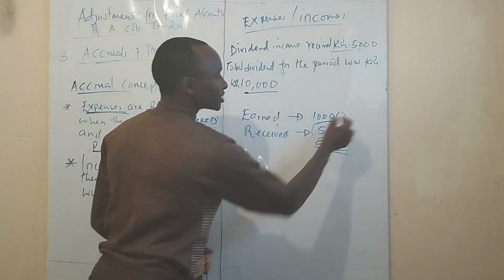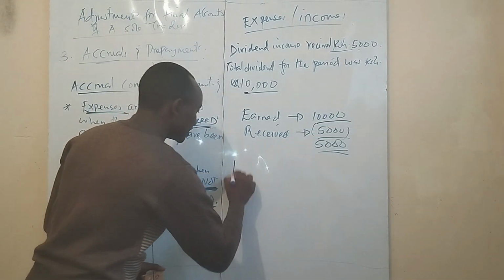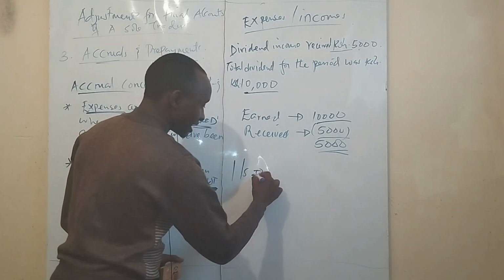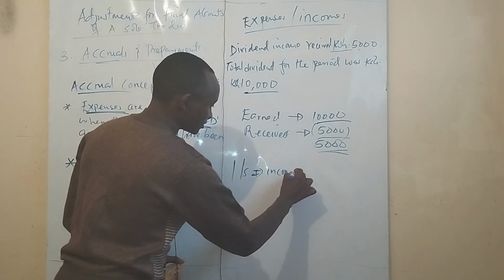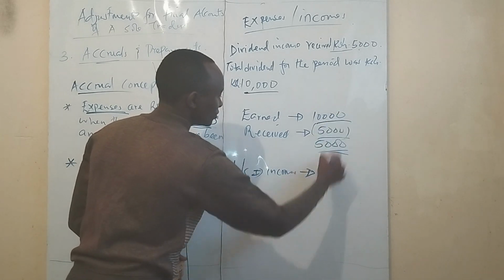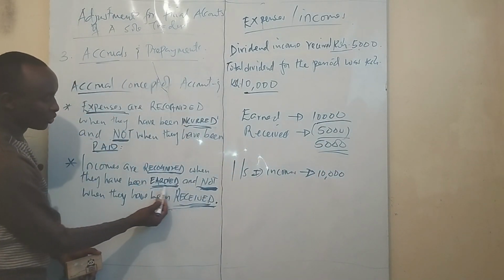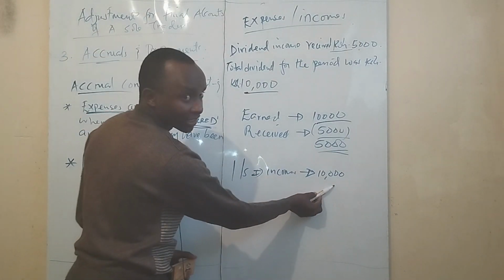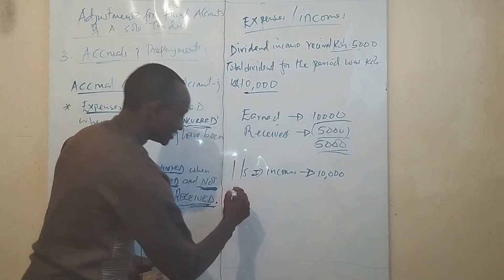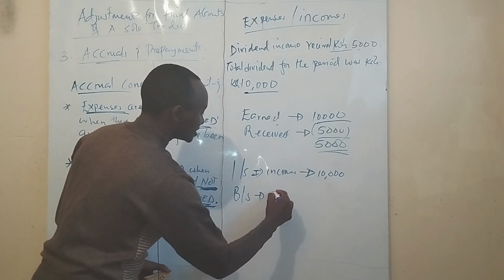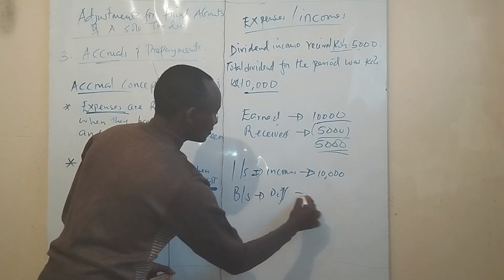We earned 10,000. So in the income statement, under incomes, we are going to recognize the full figure of 10,000 because that was actually what was earned. And then in the balance sheet, you take the difference. The difference is 5,000.